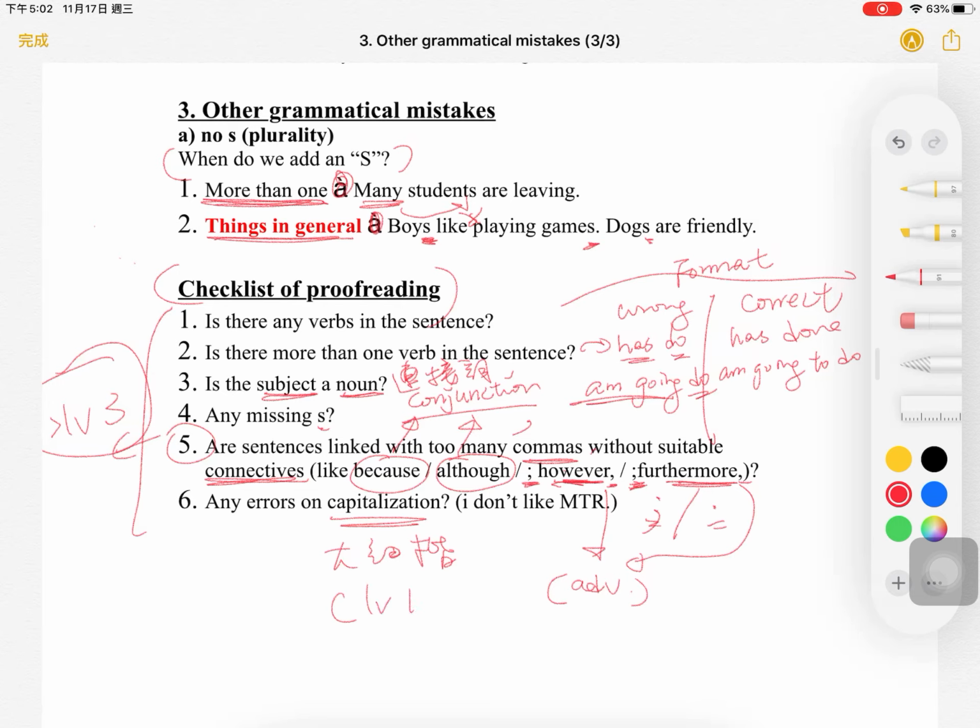嗱，level 1 or 2 students, a lot of people write small letter I or start sentence with small letter. That's a very bad habit because it shows the marker that you are a very weak writer.